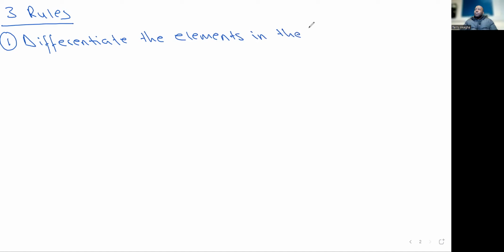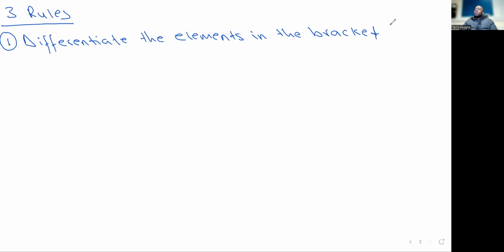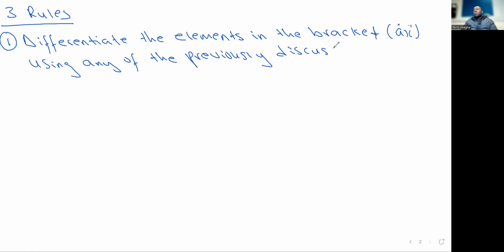Like in this case, the bracket we are having is ax, so you're going to differentiate ax, using any of the previously discussed differentiation mechanisms.